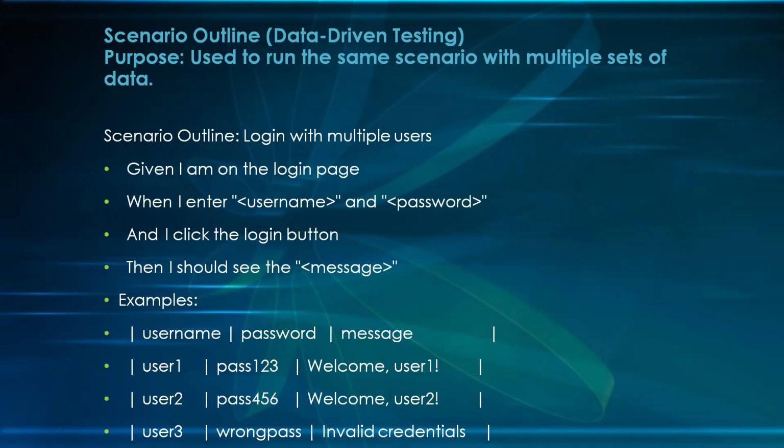Yeah. And as you can see on this example down, you have the, sorry, I've forgotten what this is called now. The outline. I think there's another name for it. Username, password, message.